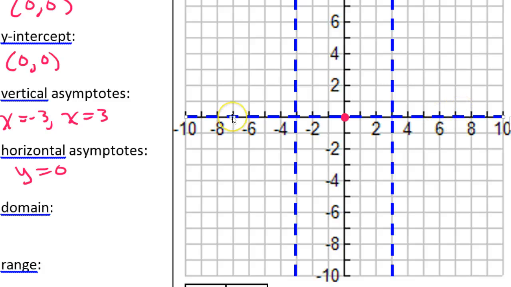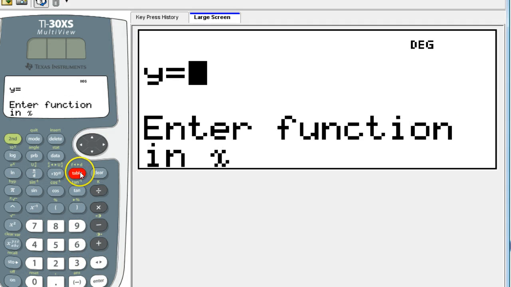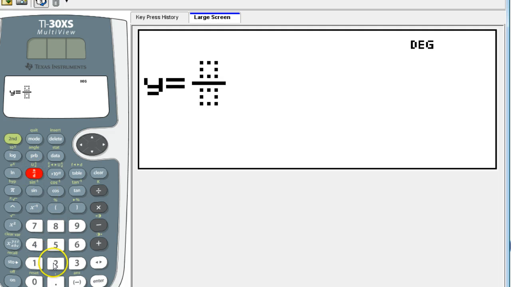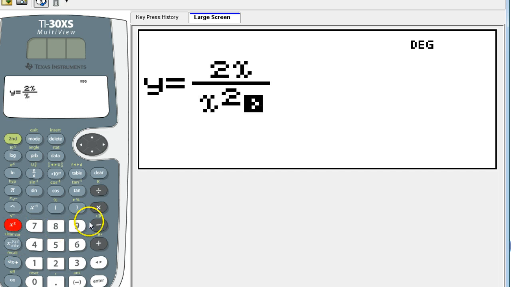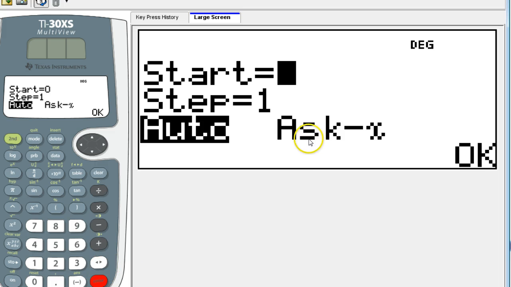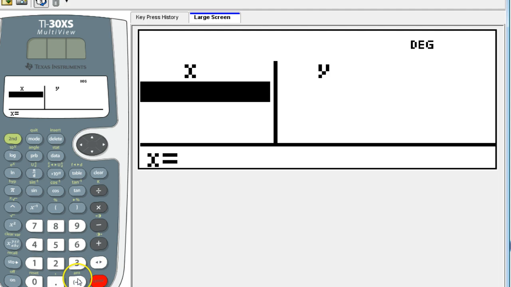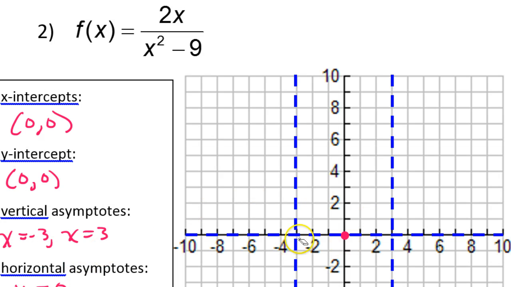Now it's time to plot a bunch of points. So let's type it into the calculator. Now I'm going to use the ask mode to pick my points. Okay, I choose my points by looking at the vertical asymptotes.